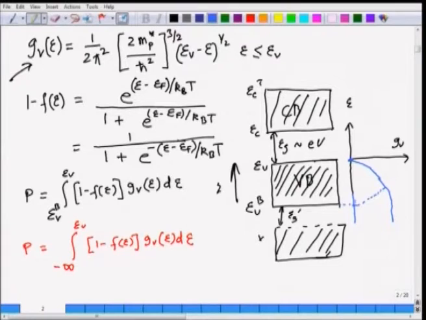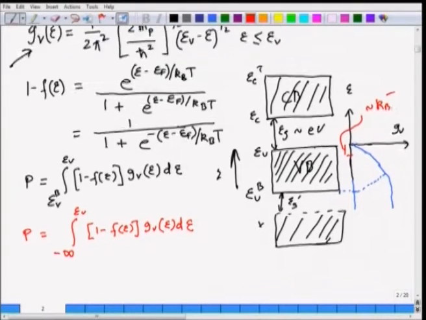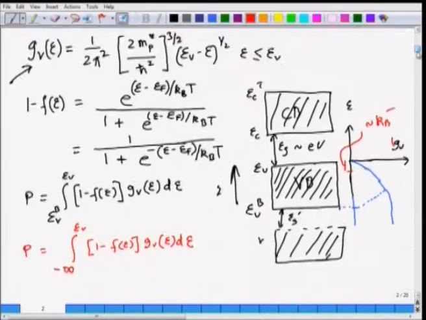However, by the same logic, we are going to say that again this product, 1 minus f(E) times G_V, is on the order of kBT, only up to this much energy.